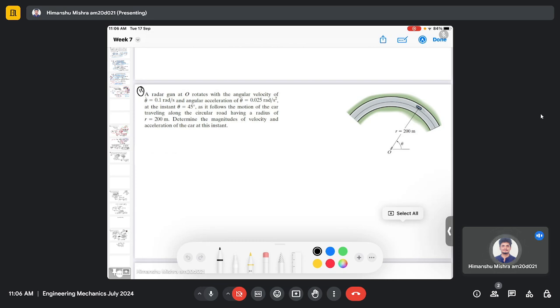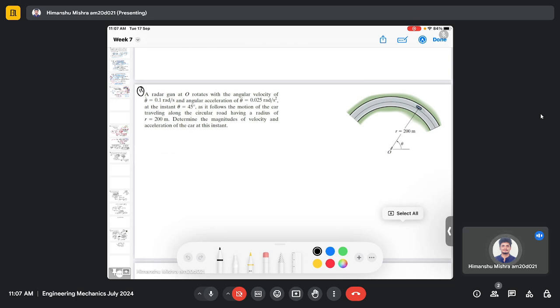So in this tutorial we will be solving a few problems from the polar coordinate, and then I will move to a few more problems from the absolute motion and the relative velocity concept. So let's start with some of the polar coordinate problems.